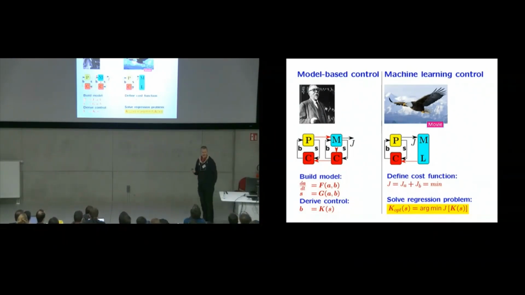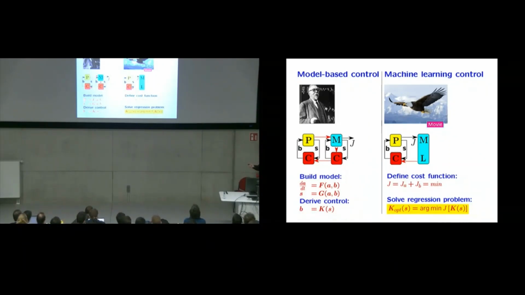And you use some other approach from the mathematics community. The cost function has typically two parts. One part is what you want to achieve, for instance drag or power reduction, and one part is your cost, which you have to take into account. So you typically want to minimize the cost.